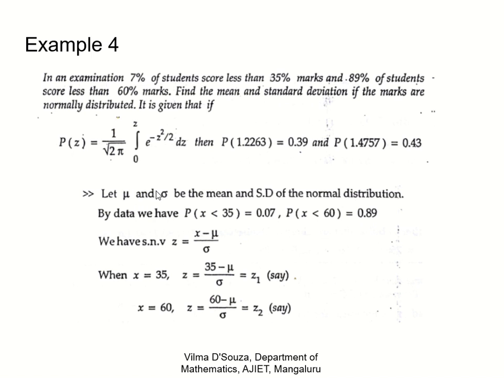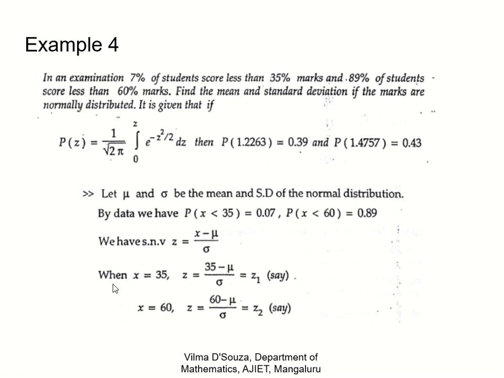So let mu and sigma be the mean and standard deviation. You need to find what is mu and what is sigma. So convert the normal variate into the standard normal variate by using the substitution z is equal to (x minus mu) by sigma.